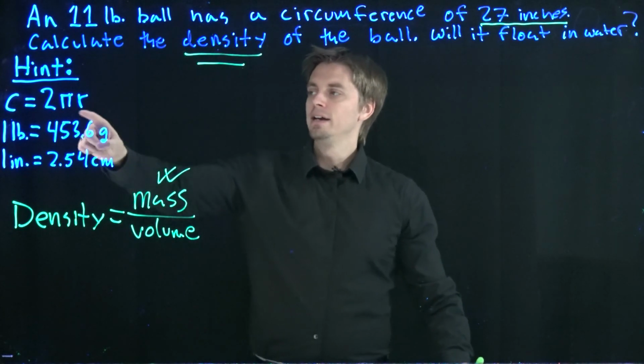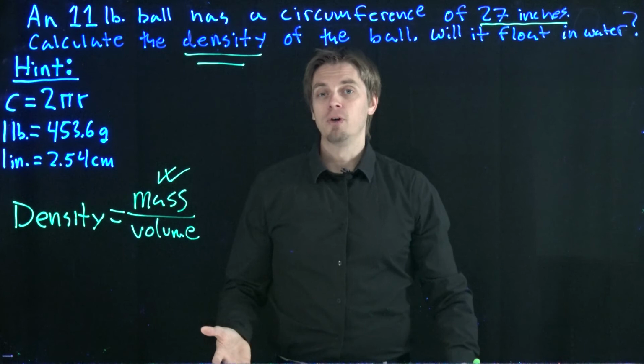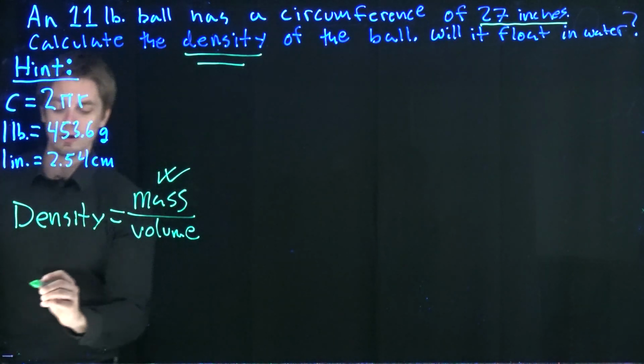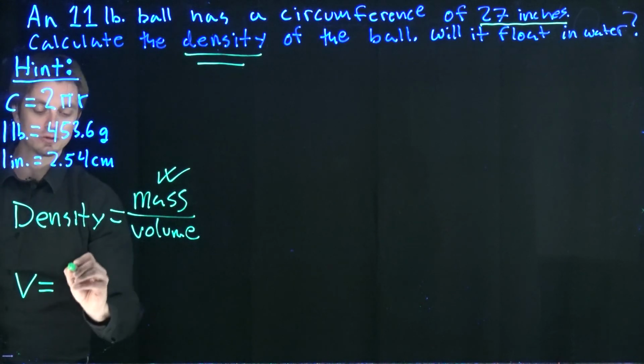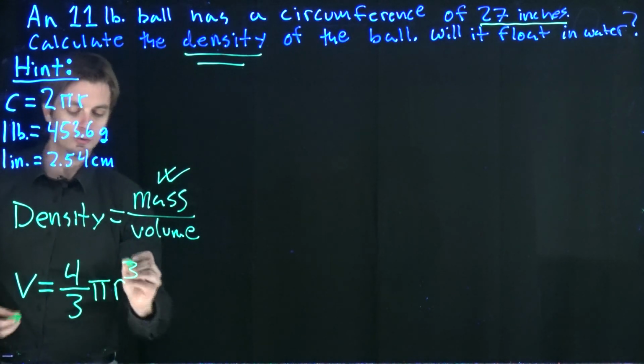Right? And once we have the radius of a ball, we know we can determine the volume. For a sphere, for a ball, the volume is equal to 4/3 pi r cubed.